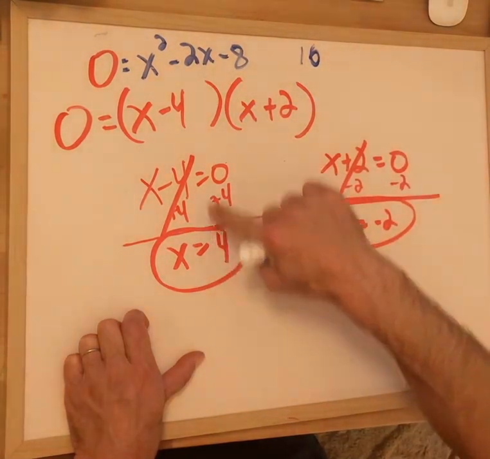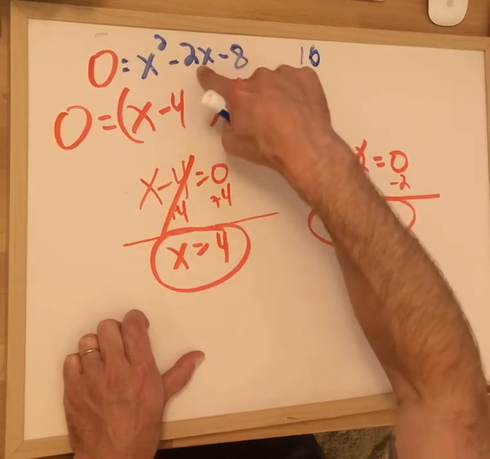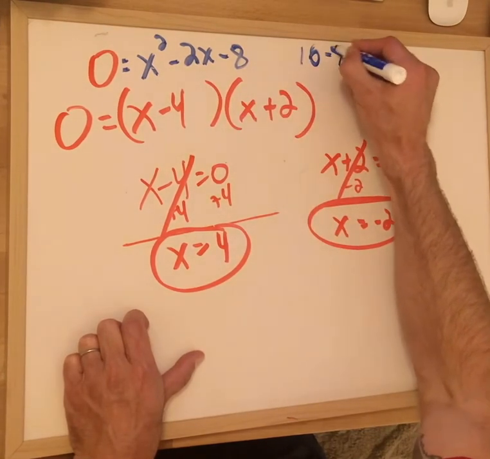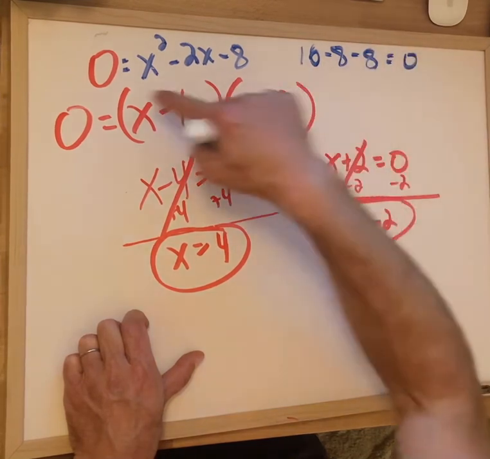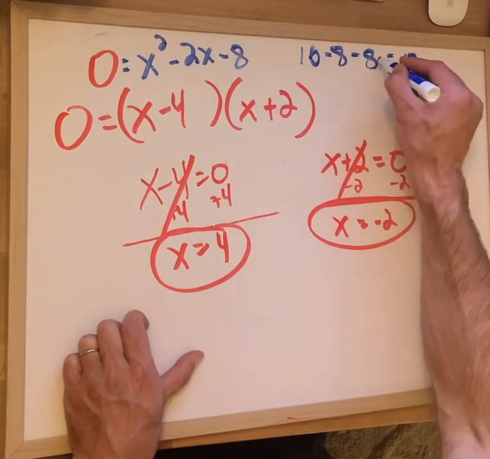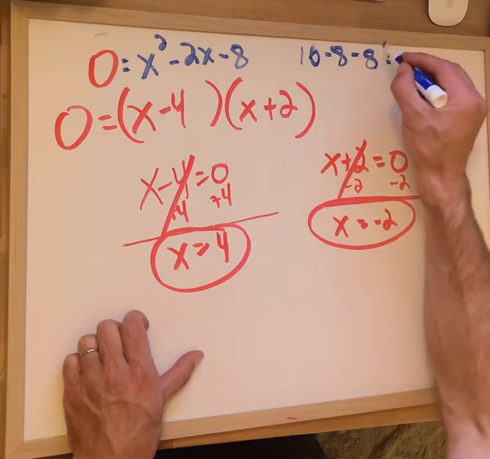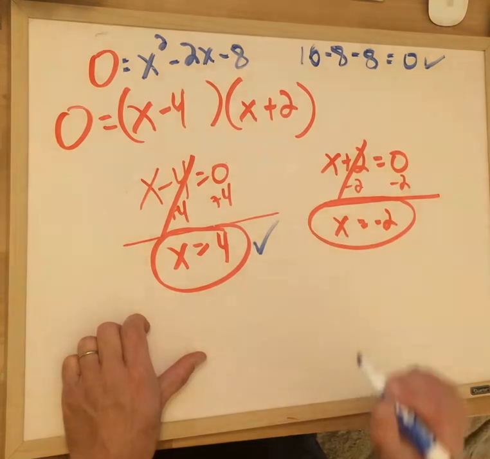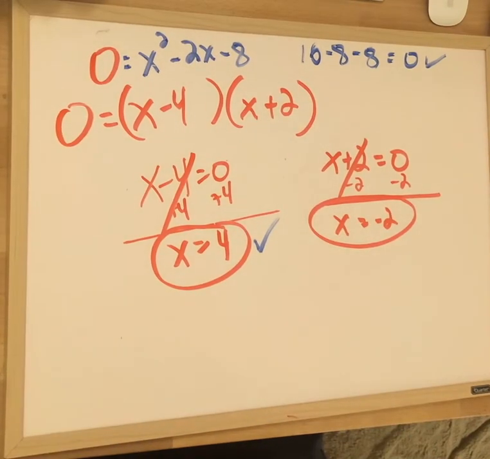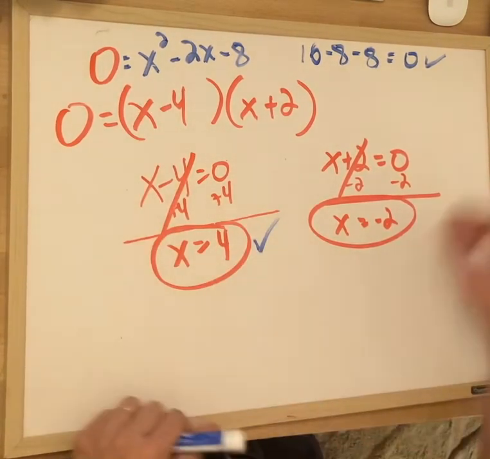If I plug a 4 into this x, negative 2 times 4 is negative 8, minus that 8, that equals 0. 16 minus 8 minus 8 is 0. That's correct, so that works. That's a solution. That means I just solved for this x.